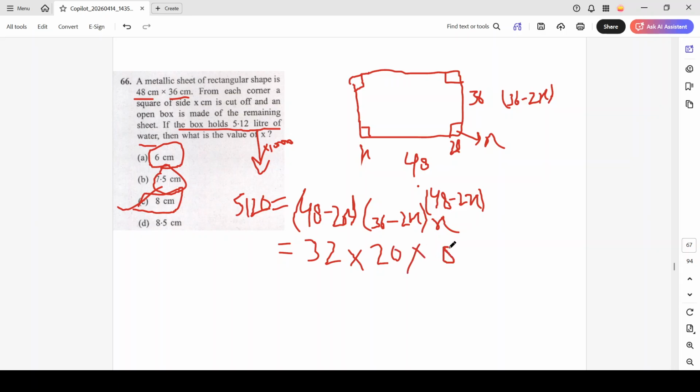Okay, and if we multiply, 0 is at the units place, and 8 times 16 to 32, carry 2, carry 3, and now 16 threes are 48 and 3 is 51. That means 5112 centimeter cube. That means we have taken the right value, 8.